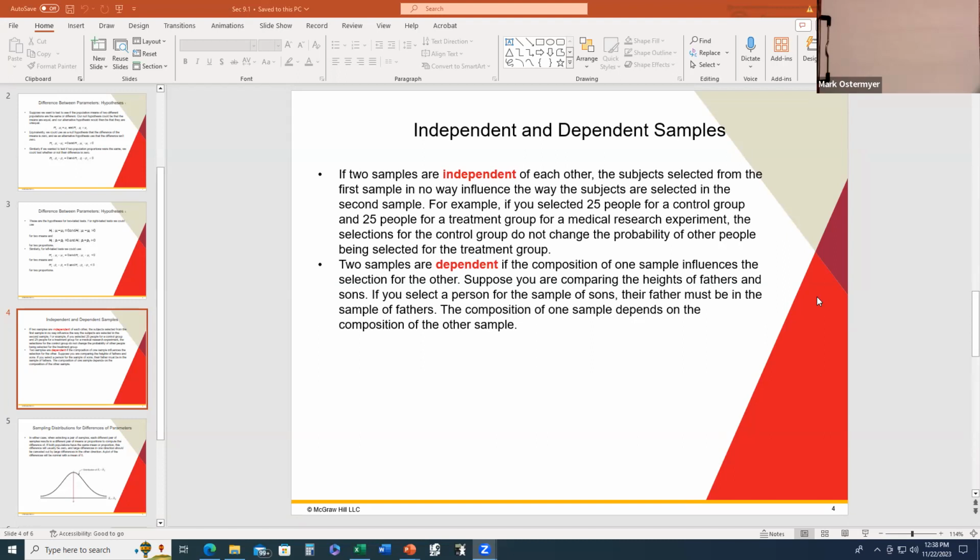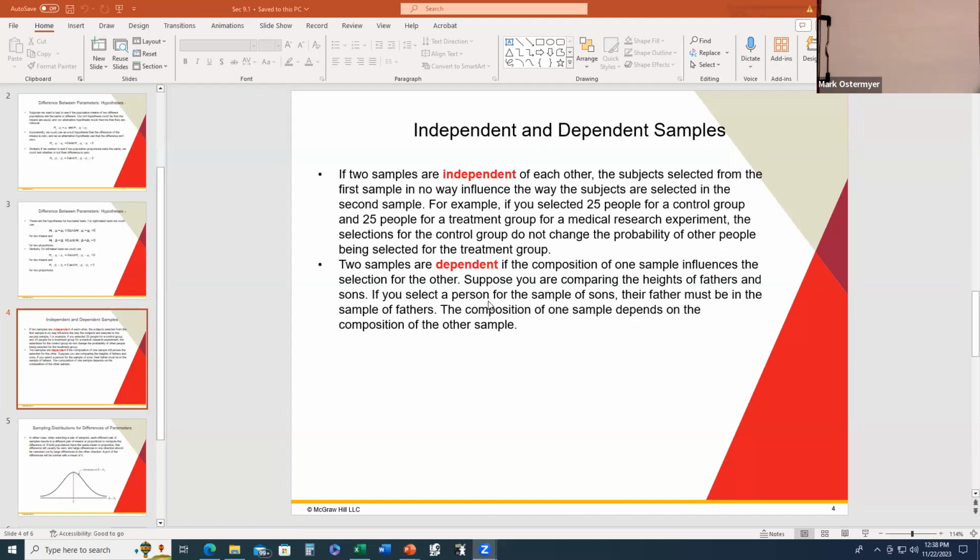And they give an example of independent samples. An example would be if you selected 25 people for a control group, 25 people for a treatment group for a medical research experiment. The selections for the control group do not change the probability of what is selected for the treatment group. That would be an example of independent samples.